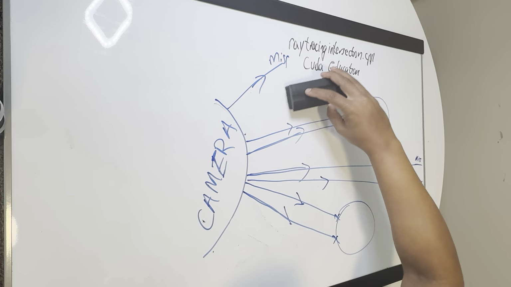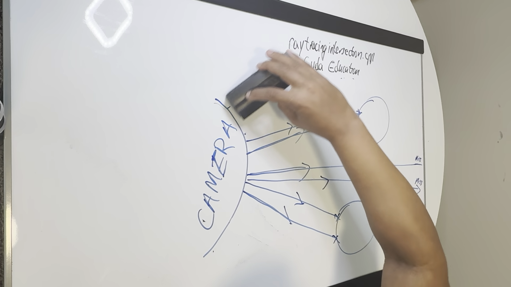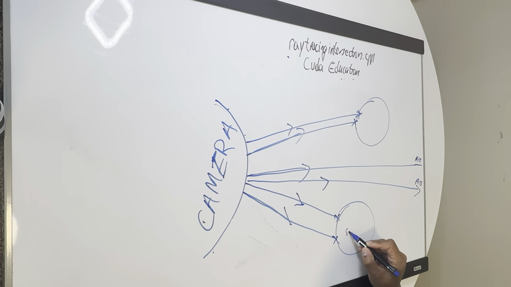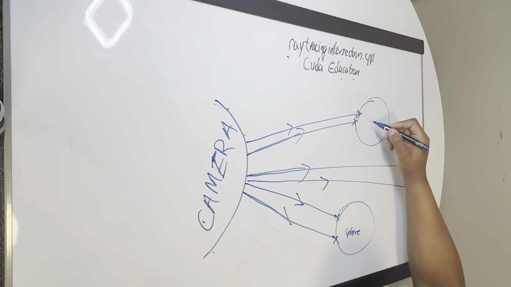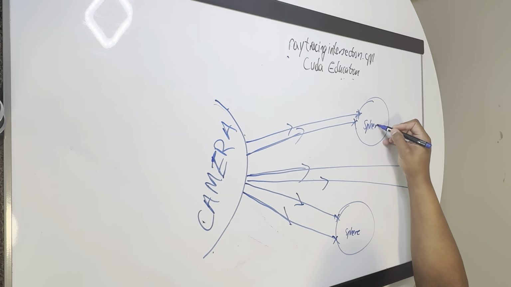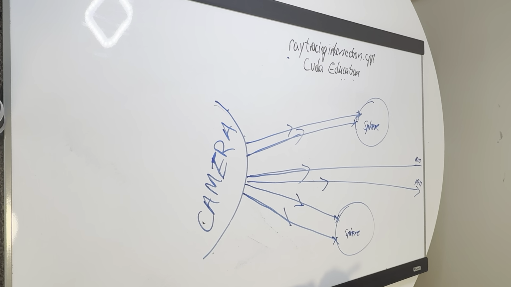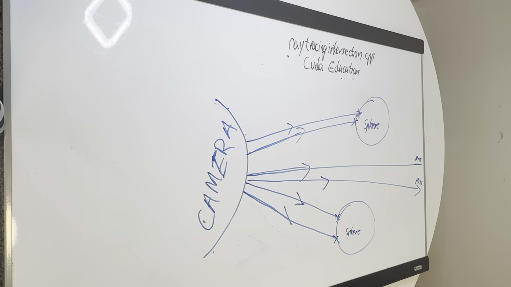So we have our camera and we have hits and we have misses, and these are our spheres. So this is our sphere and this is our sphere, and we're hitting some of the spheres.